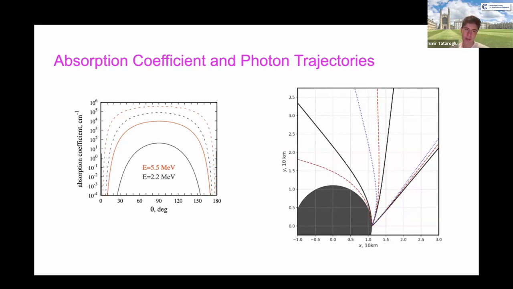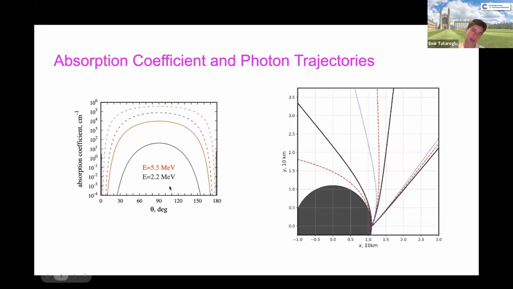Here there's no mass, it's just a photon in a magnetic field, with no gravitational warping or anything like that. You can see the black line and the red line are for different energies, and the dashed ones are for a higher magnetic field.